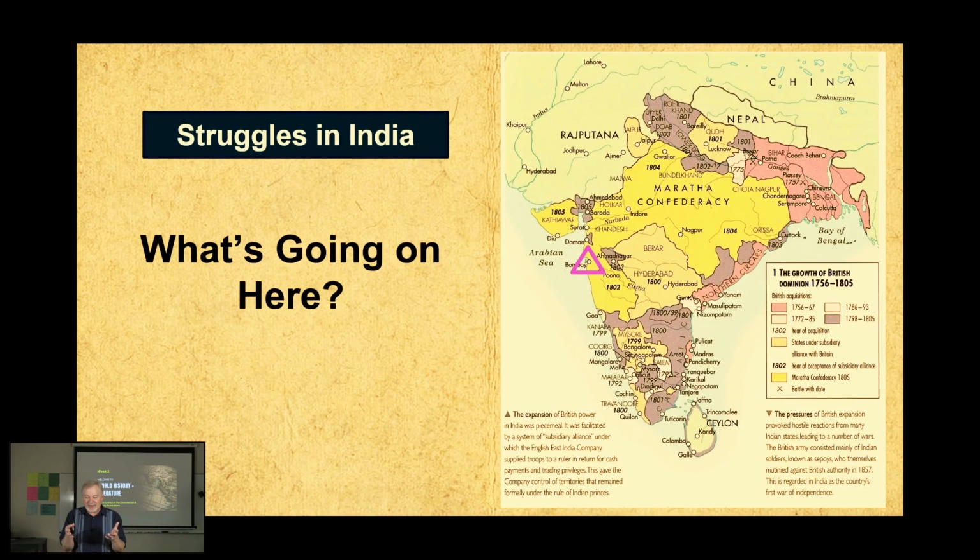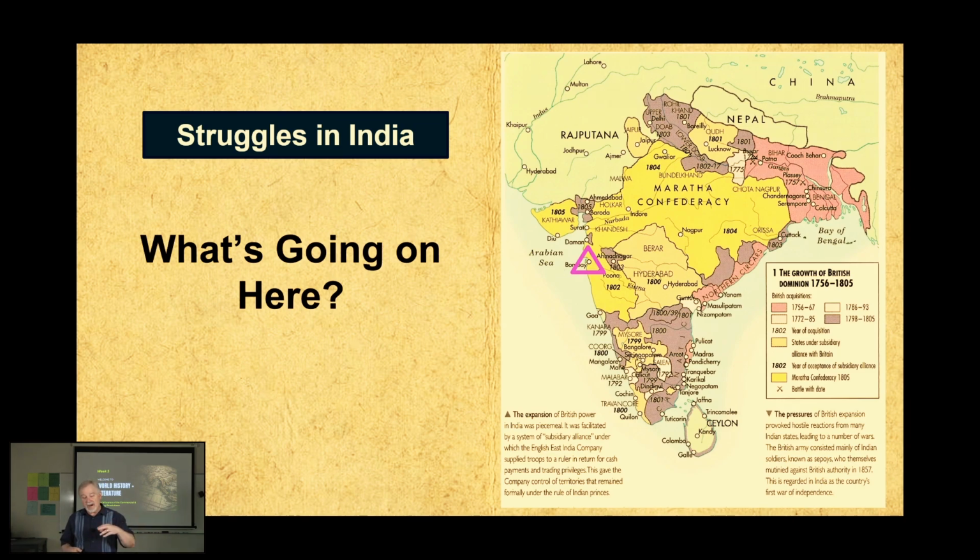If you look at about the mid-1700s, this map says 1756, you're going to see some light purplish pink regions. These regions are being infiltrated, established and settled, at least trade-wise and commercial-wise, by the British East India Company.